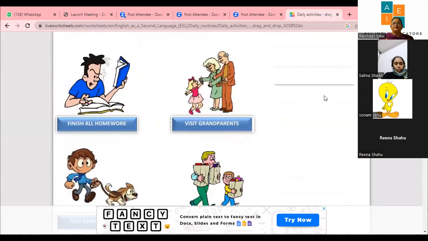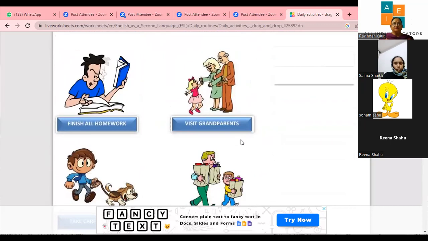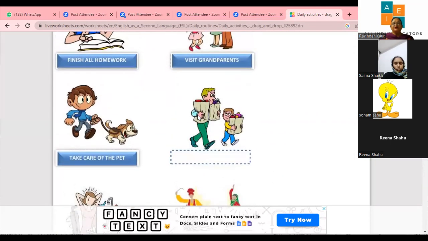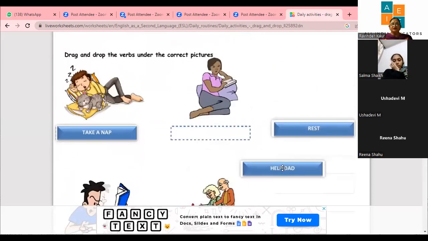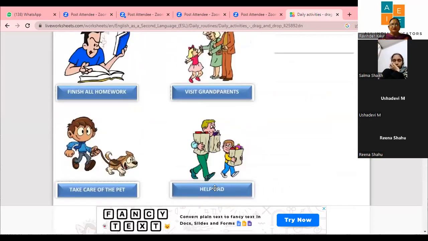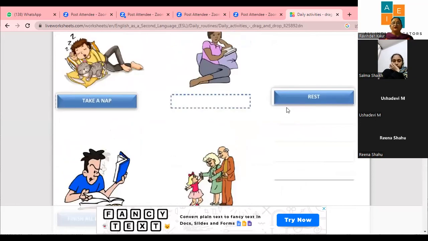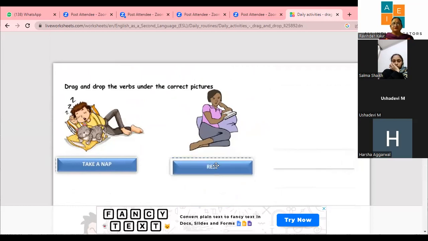Okay. Then help dad. Where is the person helping dad? Is this the picture? Yes, the boy is helping dad. So can we drag that here? Help dad. Okay. And then is this girl resting? Can we put this? Okay.